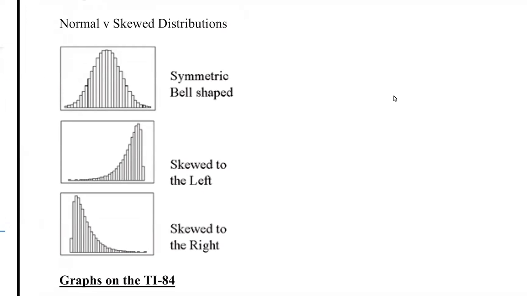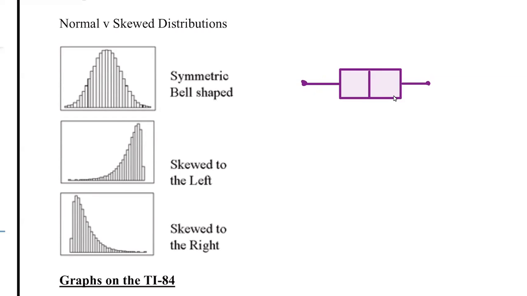All right, so I'm just going to draw some generic box plot. Right smack in the middle. A symmetric box plot is probably the easiest one to identify, because symmetry is symmetry.